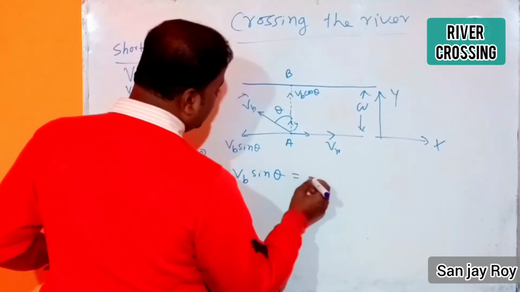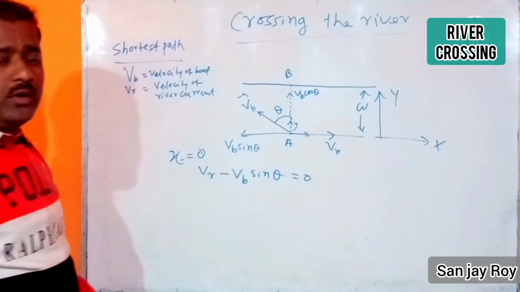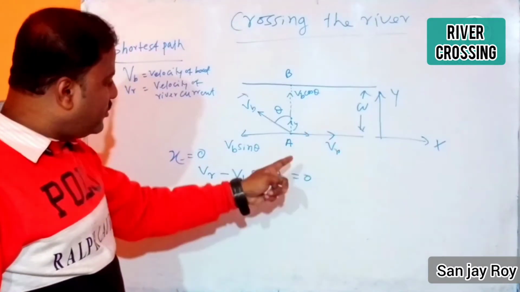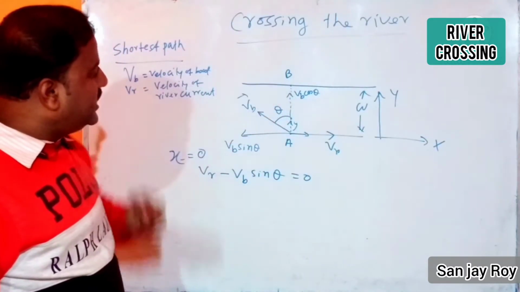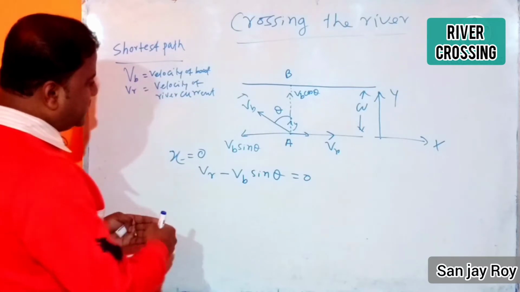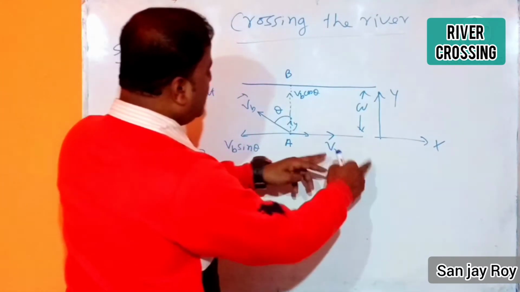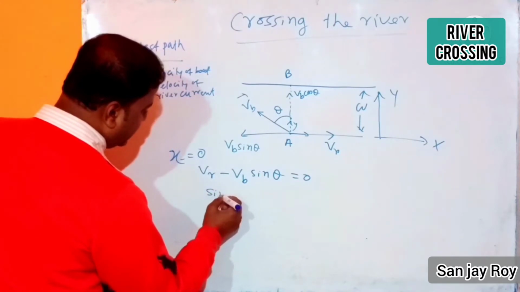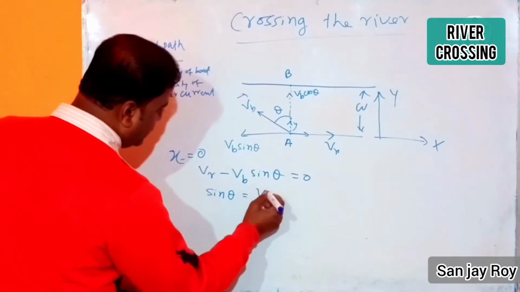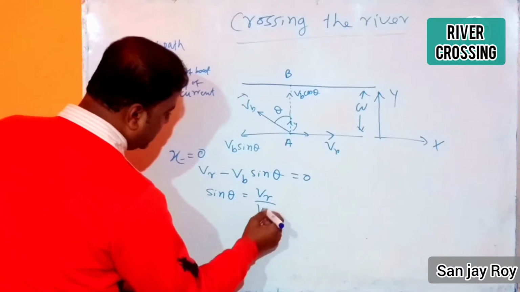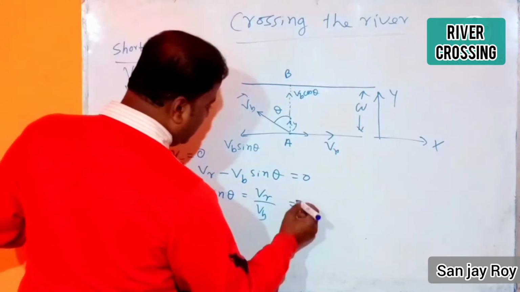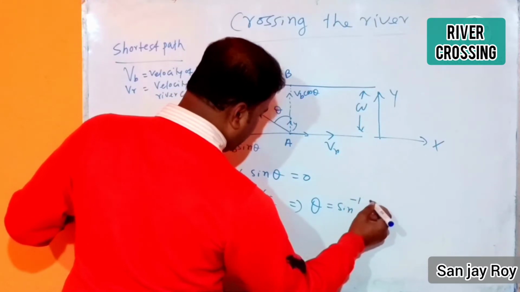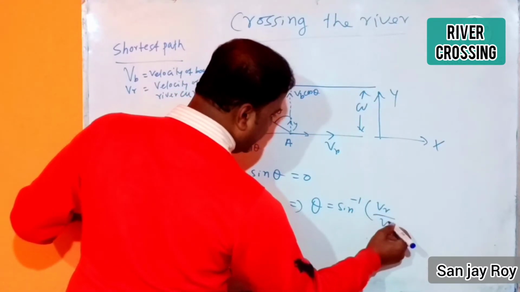If this is 0, there will be no drift along the X direction, and then the boat will reach from A to B. This means VB sin theta equals VR, and then we get sin theta equals VR by VB, or theta equals sin inverse VR by VB.